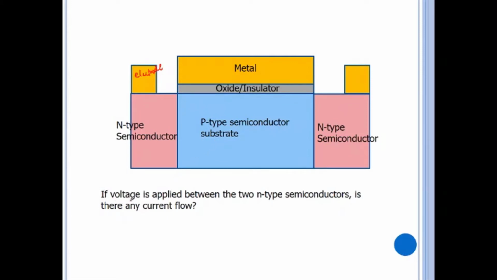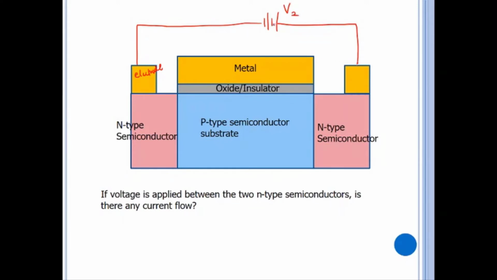If a voltage is applied between the two n-type semiconductors, is there any current flow? Let's say we apply a voltage across these two electrodes, and let's call it V2.